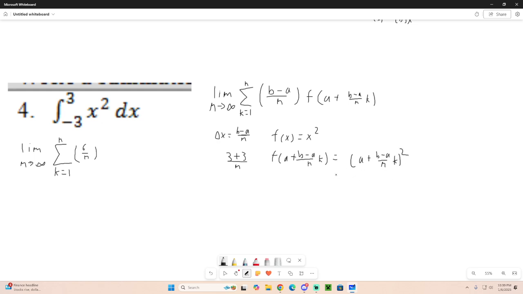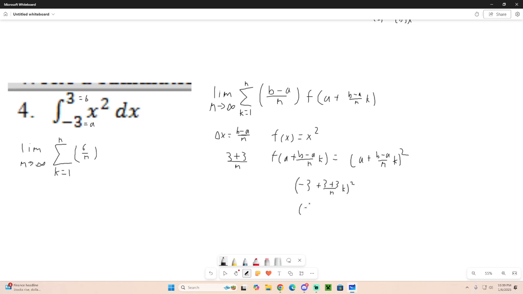And now we know what a and b are, right? This is a, this is b. Oh wait, I swapped them. This is b, this is a. So that means we have negative 3 plus 3 plus 3 over n times k squared, right?